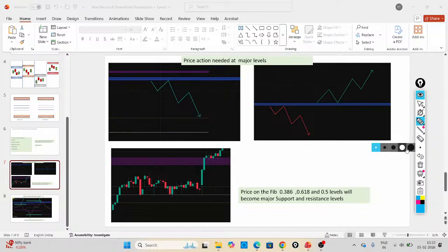Similarly you can see it in a real chart. This is the 50% line. A lot of price action happened here, and after a lot of price action, we can take a proper decision that the market may go upside. That's the reason we can go for a small SL and take trade decisions.